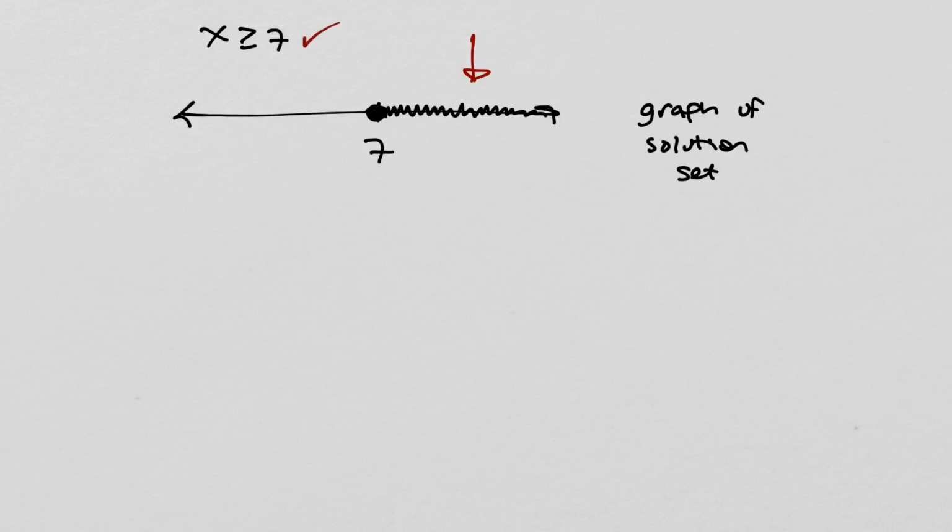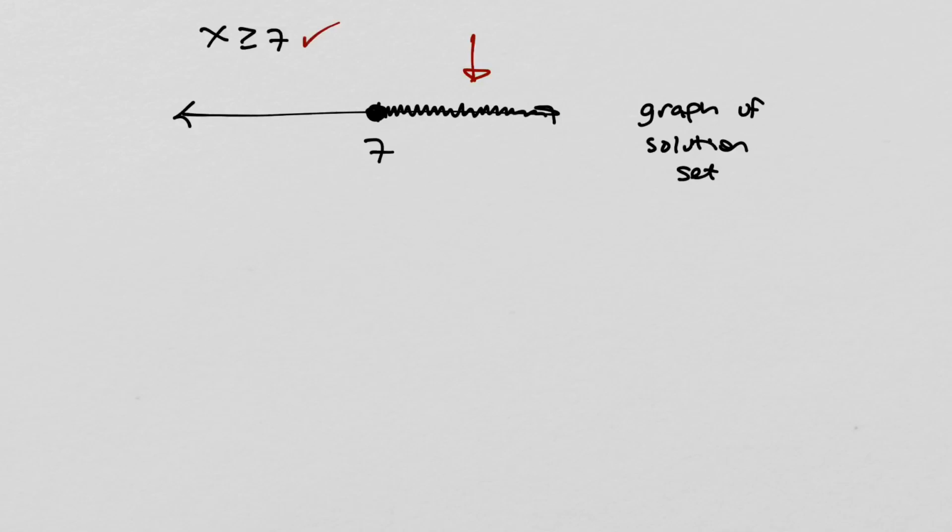So if you think about your number line, there's the number 7 right there. I want to use 7 and all these values that are bigger than 7. So this is the graph of the solution set. Anything in this particular part is going to give me a solution to x being greater than or equal to 7.